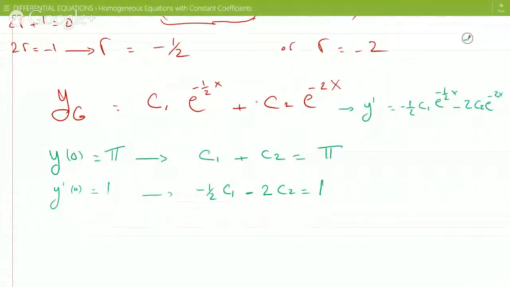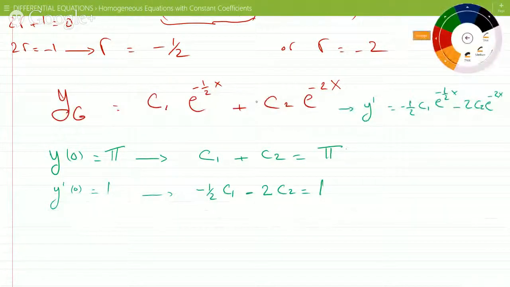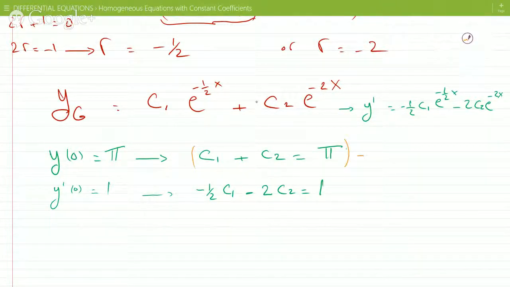And this is two equations and two unknowns. So to solve this, we can just multiply this equation by minus 2 or plus 2. So when we do that, this becomes 2C1 plus 2C2 equals 2 pi.